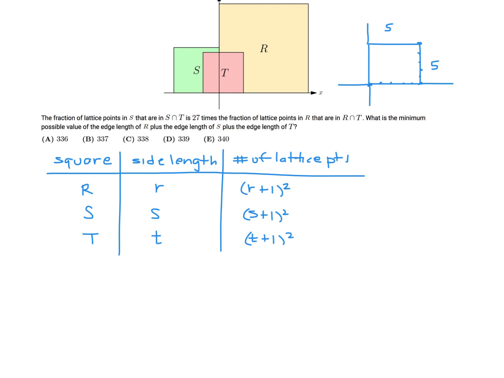Okay, so now that we've figured out that it's s plus 1 or r plus 1, all squared, to get the number of lattice points, let's proceed with the question.